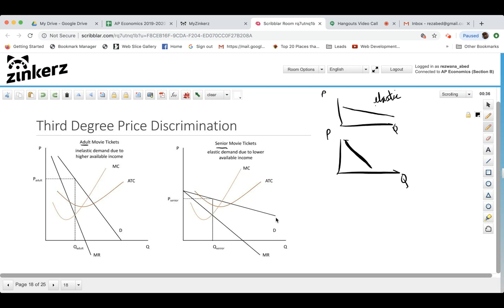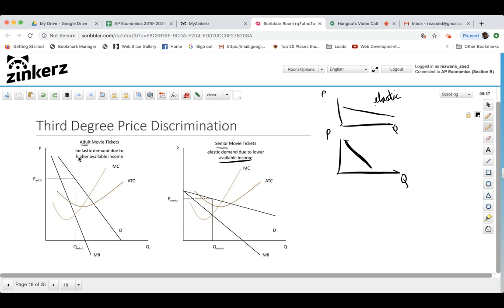Seniors have more elastic demand because they have lower available income. So if the price was a lot higher, they would not have demand for going to movies at all, right? Whereas adults, because they have higher available income, tend to be more inelastic.